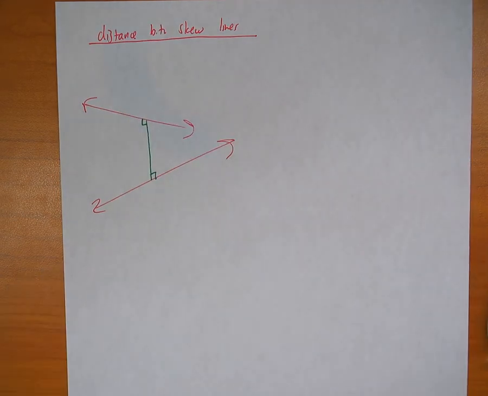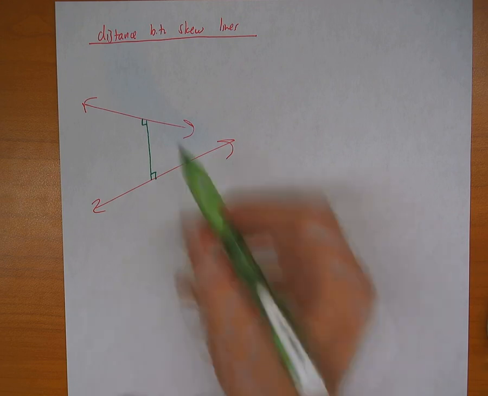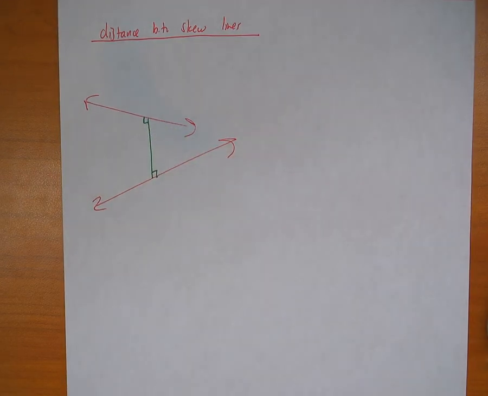There's a sweet spot where those two lines are going to be as close as they ever get. And this place where they're as close as they ever get can be connected with a line or a vector, whatever you want to call this green guy, that is perpendicular to both. Okay, we are going to figure out what that distance is. What is this distance right here?